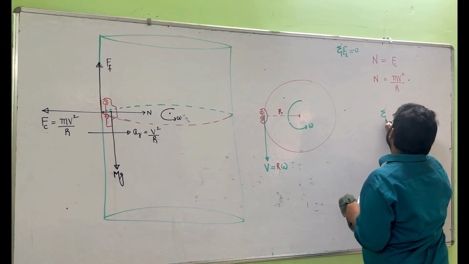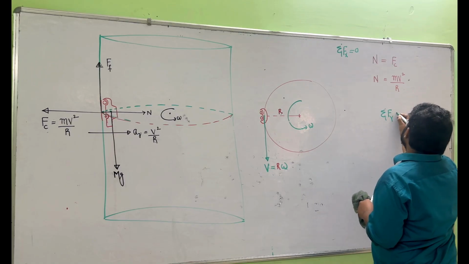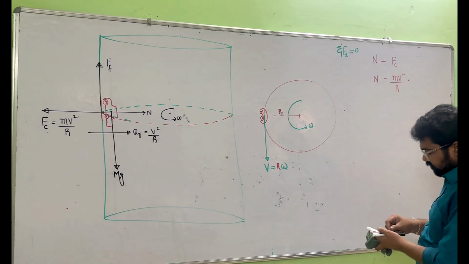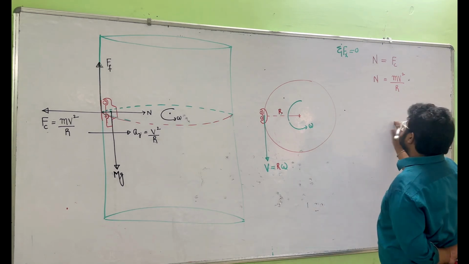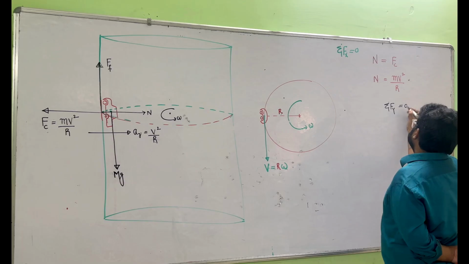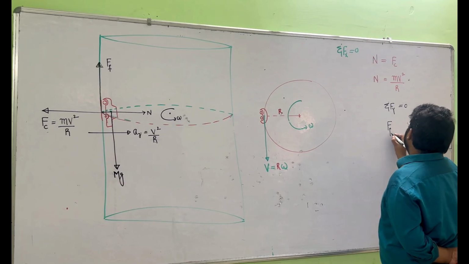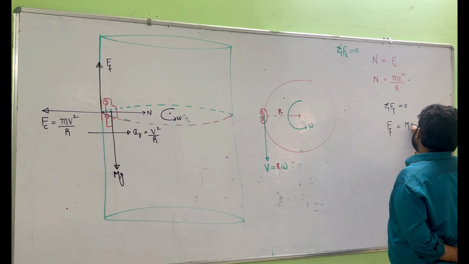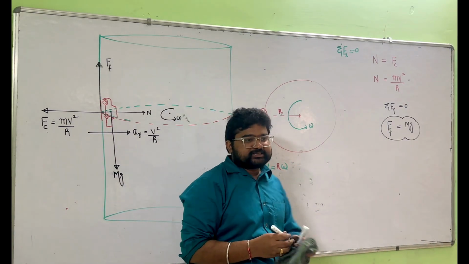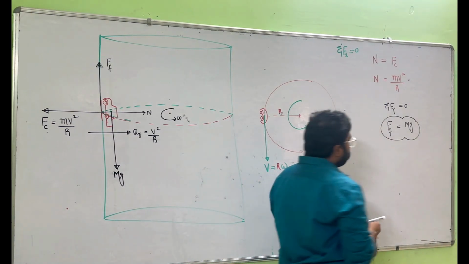What is the sigma Fy? Here we have to apply the friction condition. Whatever the frictional force is obtained, sigma Fy equal to 0, then frictional force equal to how much? mg. What is the limiting friction condition?